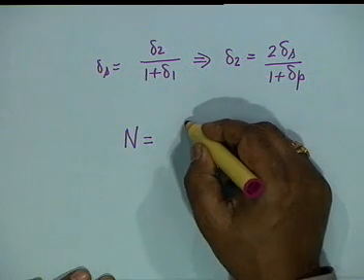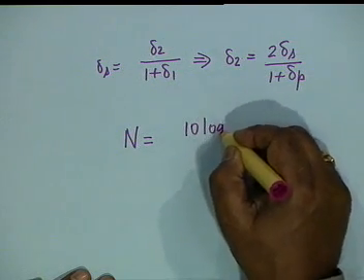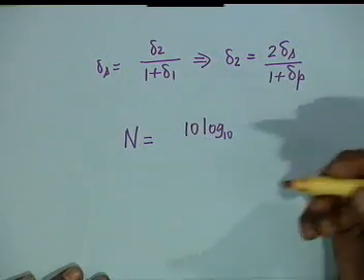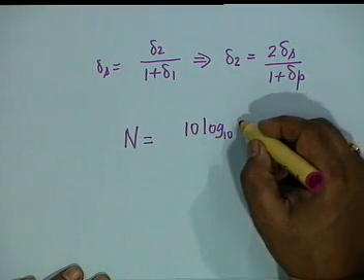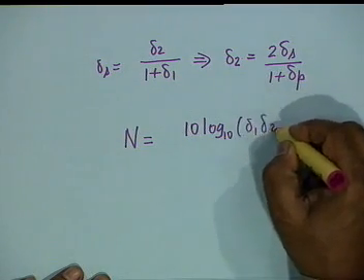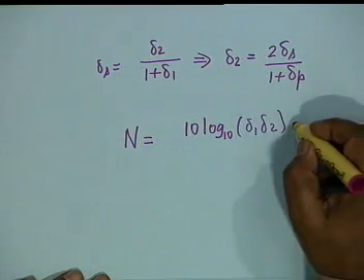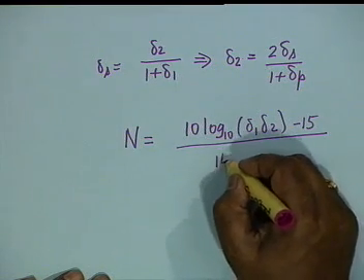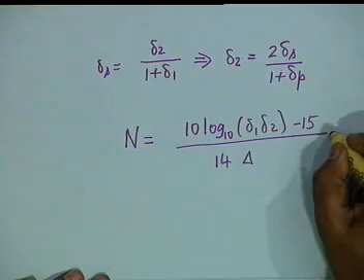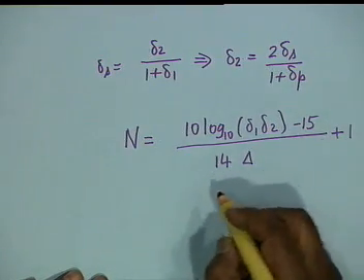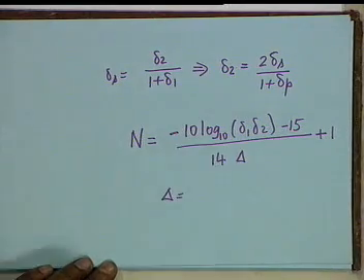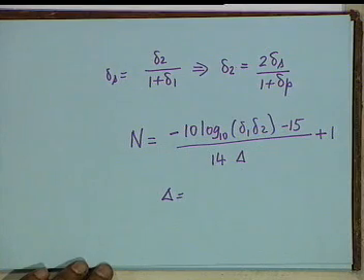And therefore, we shall use the simplest formula, 10 log 10. This is also an approximation. The figures are 9.85 or something. Minus 10 log 10 of delta 1 delta 2, the product of the two, minus 15, divided by 14 multiplied by delta, plus 1, where delta is... Is that right?